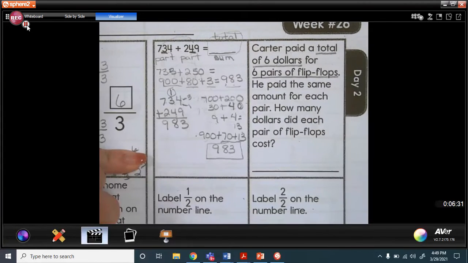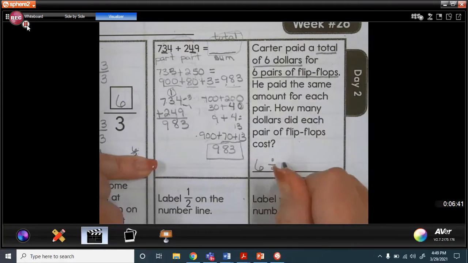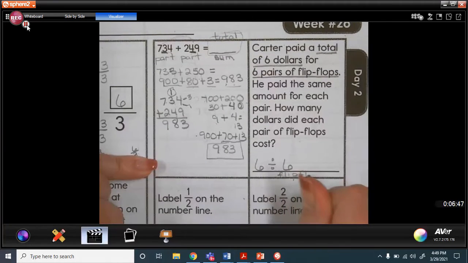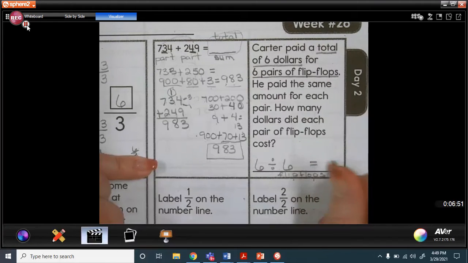If he paid a total of $6 for all the flip-flops, we know that we're going to take the total, break it up into groups, which are the flip-flops, and we are going to get $1 for each pair of flip-flops.